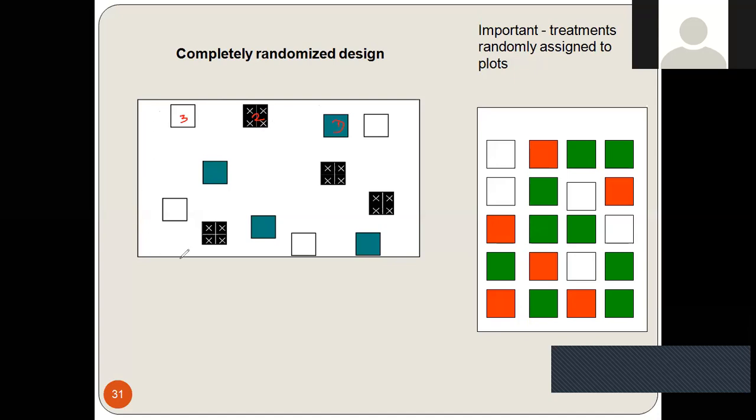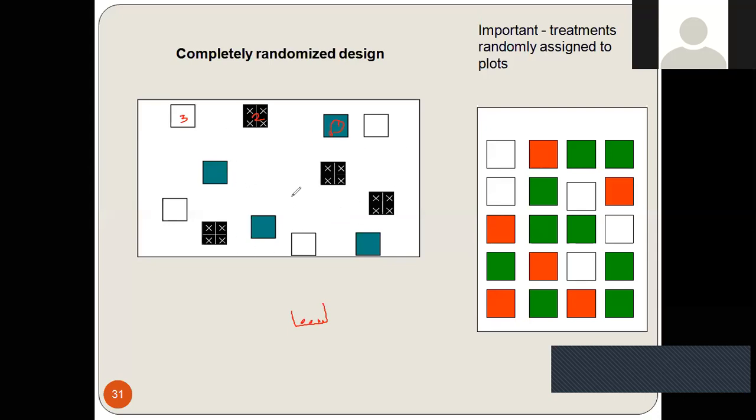Let's say this is a laboratory. This is treatment 1, 2, and 3. This is a laboratory where, let's say, you are doing some experiment with Petri dishes, right? If you are growing some microbes using Petri dishes, you can keep the Petri dishes all over the laboratory or any area of the laboratory.